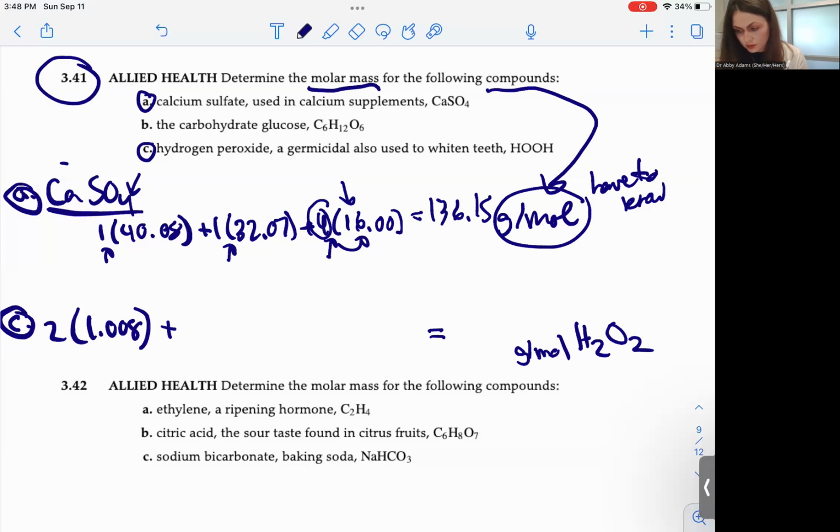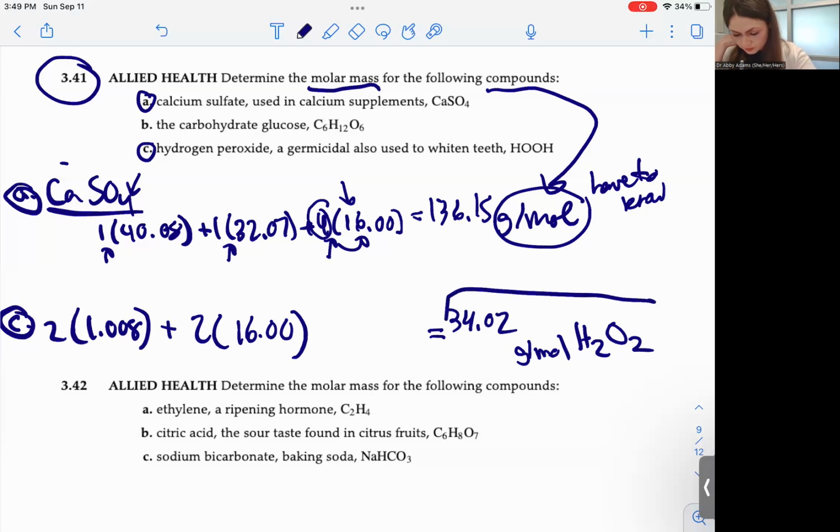You have 2 oxygen, and I think that's it, right? So what's that going to give you? 34.02. All right, you guys can do B.